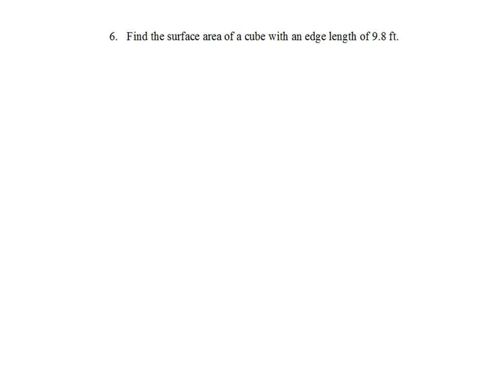Problem number 6, find the surface area of a cube with an edge length of 9.8. Very similar to what we did with the last problem. We have a cube now. A cube is a square prism, but with a cube, all the side lengths are the same.